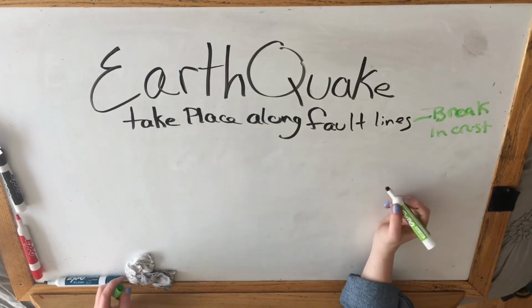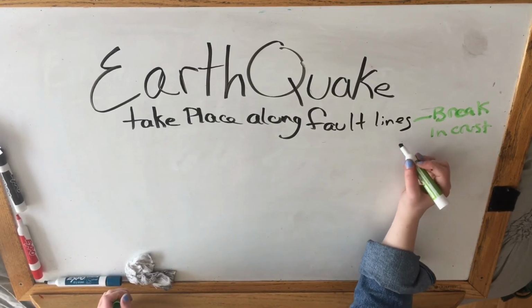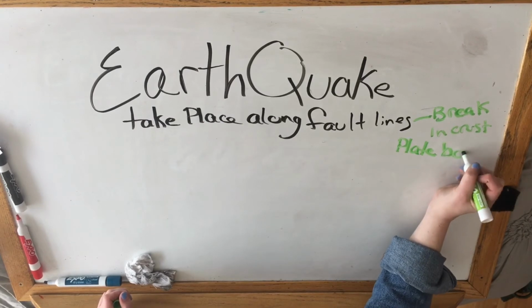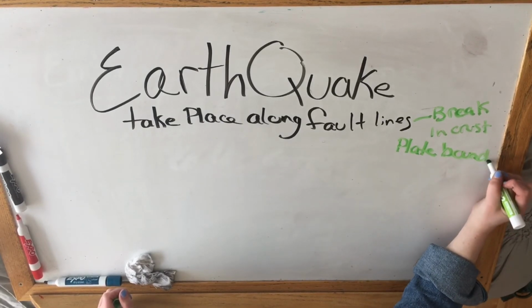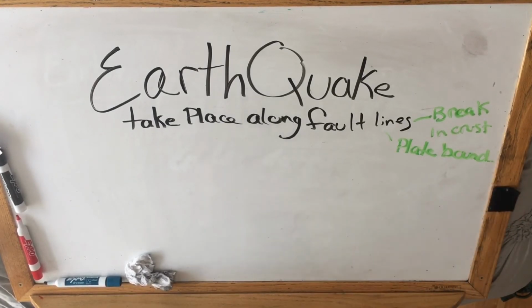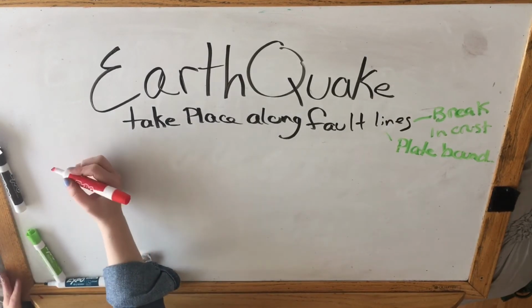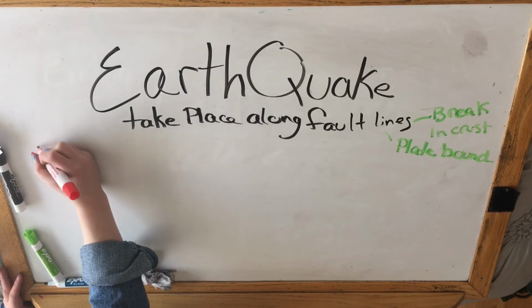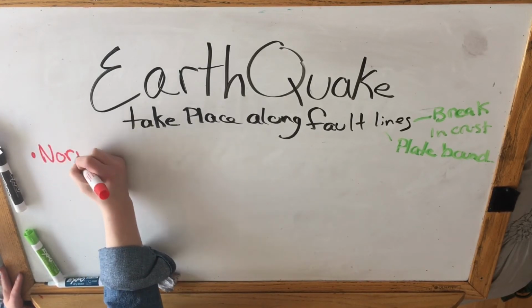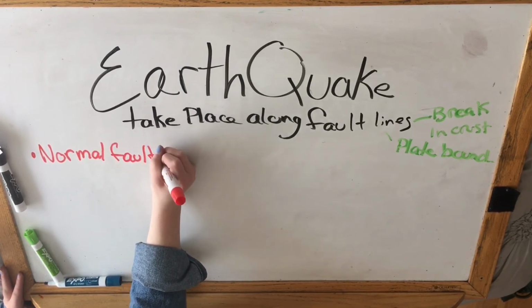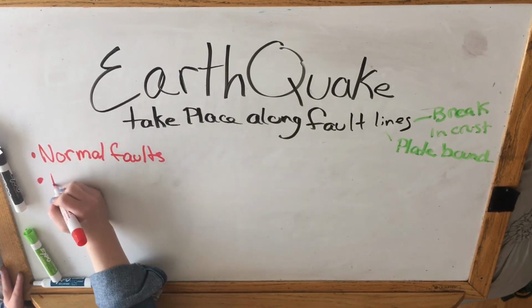So it's a break in the crust of the earth, and it also shows plate boundaries. So we're going to be talking about the 3 different types of faults. We have normal faults, we have reversal faults.